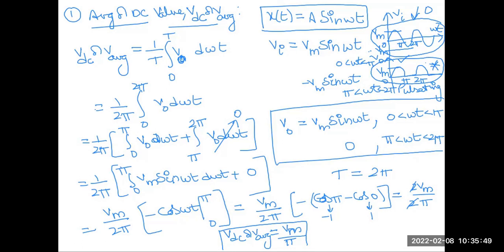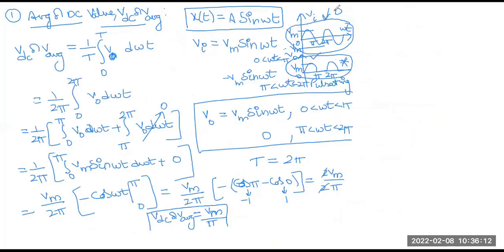Few textbooks, instead of taking the signal as a voltage signal, take it as a current signal, which means instead of finding VDC or VAVG, that is average voltage, they try to do it for average current. Instead of finding VAC or VDC, they find IDC or IAVG.